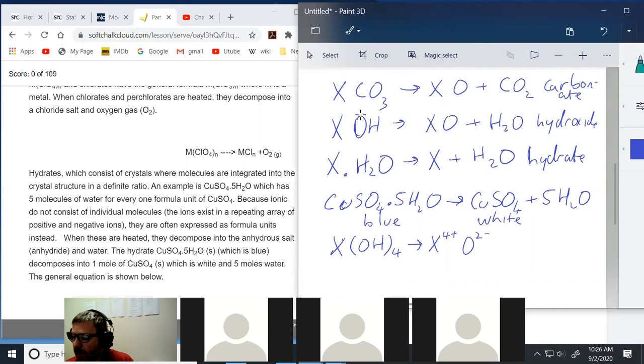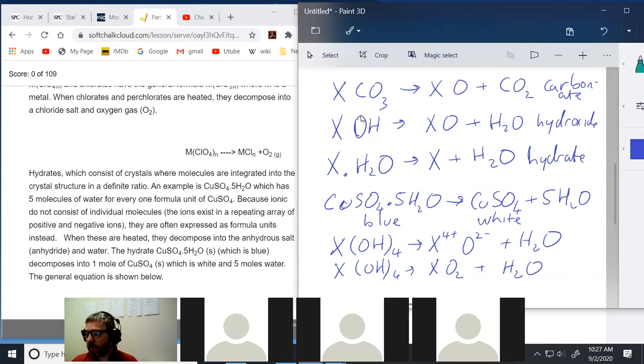And that's going to be joining with O2 minus because O takes on a -2 charge because it's in group 6, plus H2O. So when I come up with the formula for the oxide, it's going to be XO2. The reason for that is because I need to have enough of each to balance out the charges. So I need 2 oxygens to balance out that X.